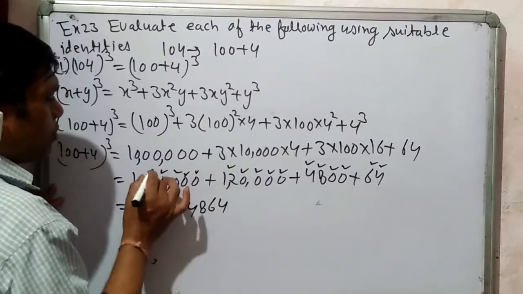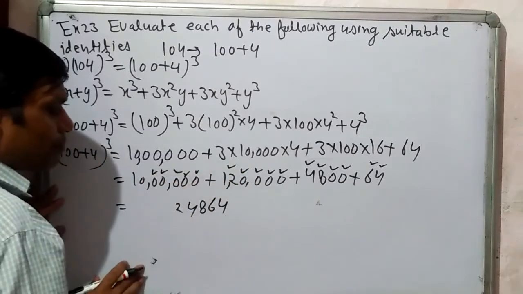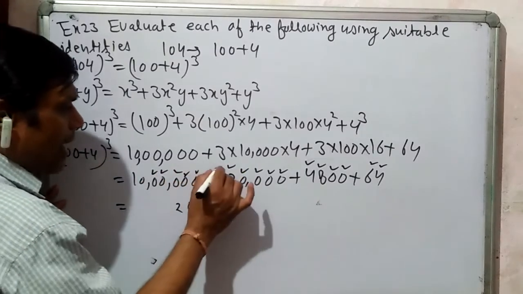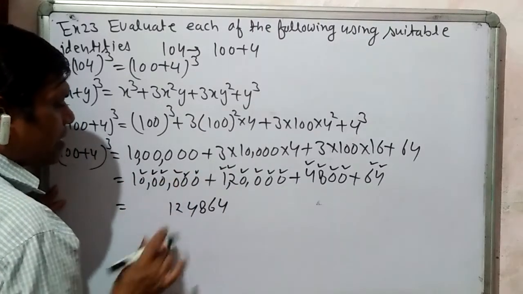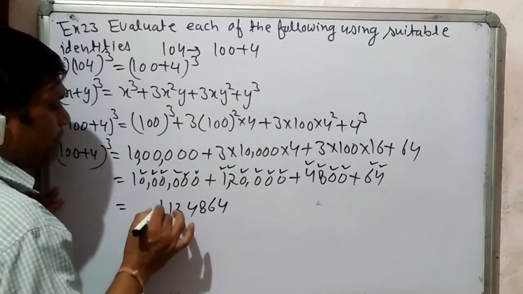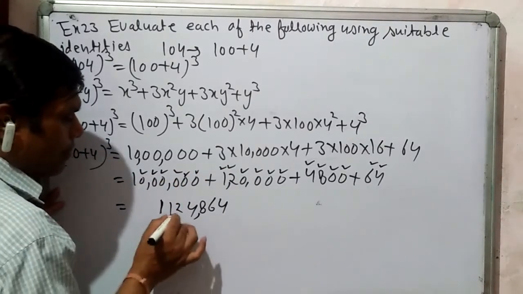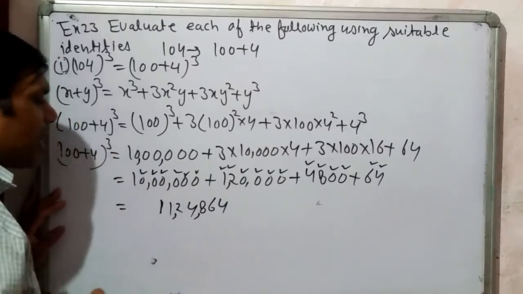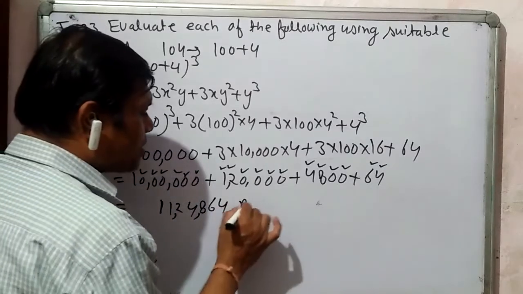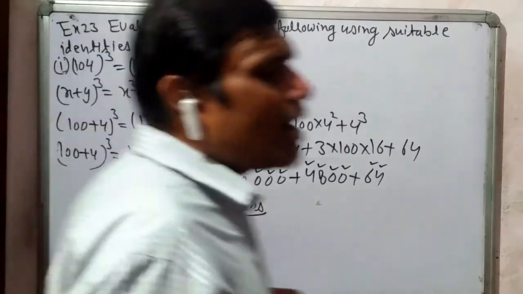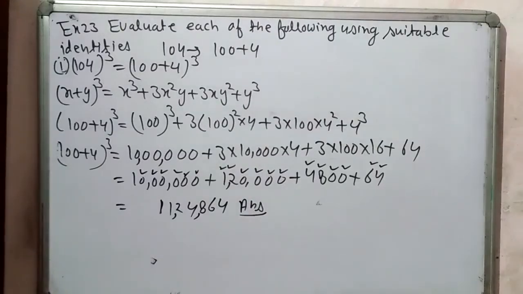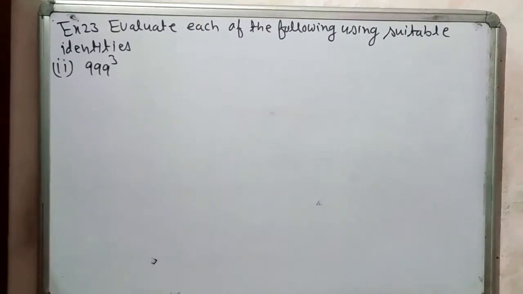At 10,000 place we have 2 and 0. At the lakhs place we have 1 and 0, that is 1. And at 10 lakhs place we have 1. So that gives us 11,24,864. That is the answer for 104 cube.